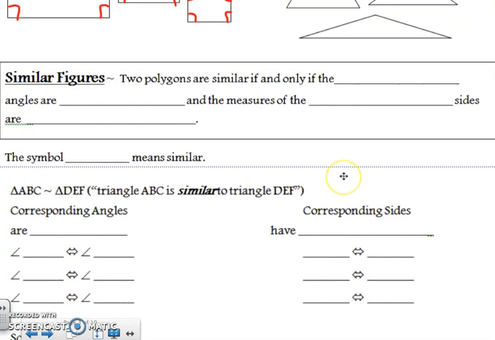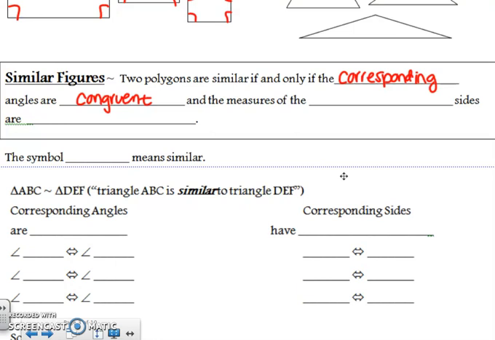So similar figures: two polygons are similar if and only if the corresponding angles are congruent. And again, corresponding just means the same spot in a different shape.